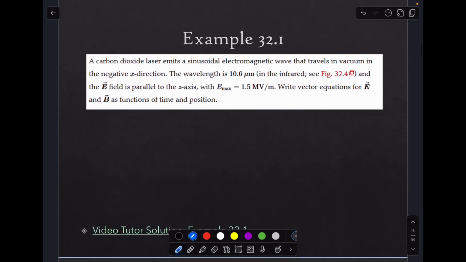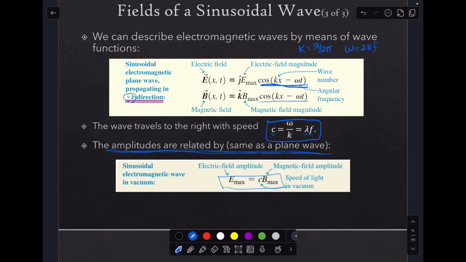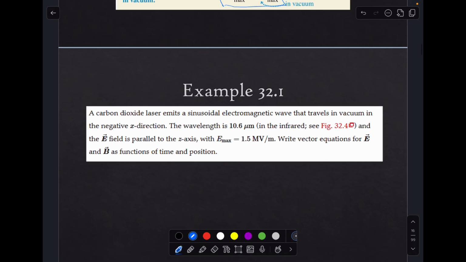And so let's do this example here where we're going to take all this information and build these equations up here. So we have a carbon dioxide laser that emits a sinusoidal electromagnetic wave that travels in vacuum in the negative x direction. So v is in the negative x direction.